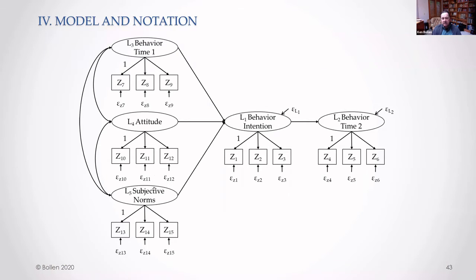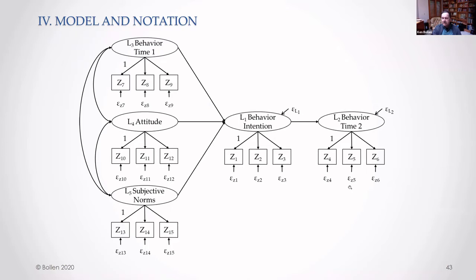These are exogenous because there's nothing in the system that's explaining them, but they are appearing as explanatory variables in the system. I mentioned that for exogenous variables, we often will correlate them. We'll allow them to be associated. That's what these curved two-headed arrows are showing. It's allowing these three exogenous variables to be associated. It's saying, I don't know why behavior time 1, attitude, and subjective norms are associated, but in this model, allow them to be, because this is observational data.